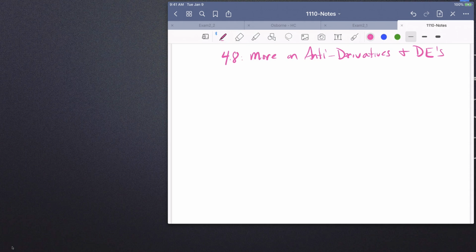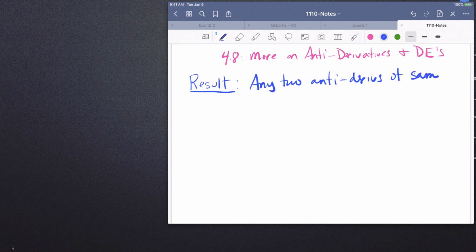So in this video we look at more antiderivatives and differential equations. One thing we've hinted at in previous videos is a very important result: any two antiderivatives of the same function little f of x differ only by a constant.